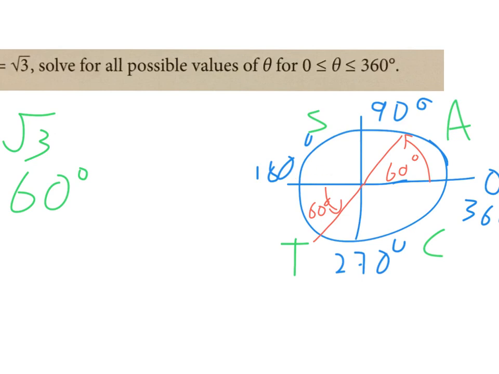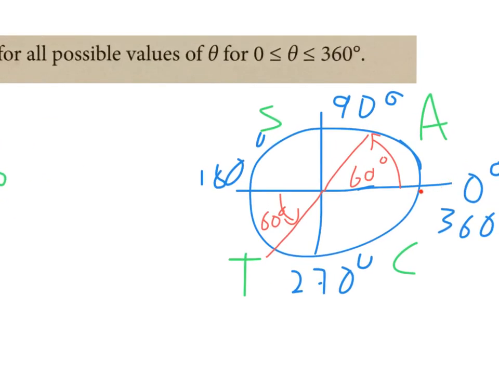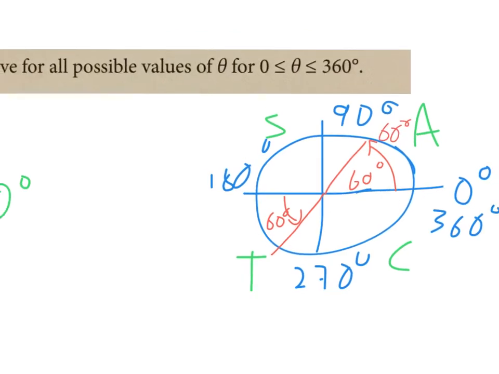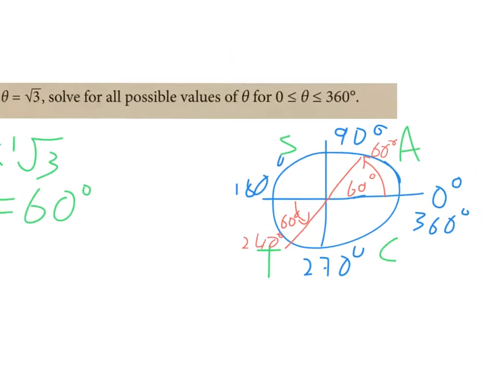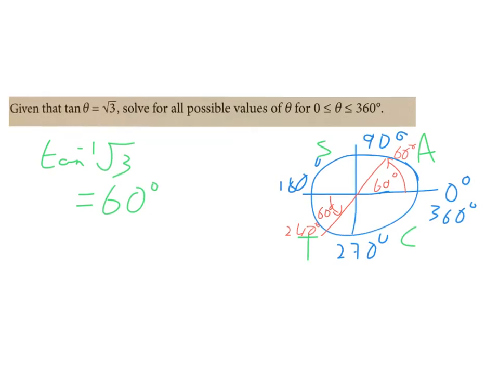So in our first quadrant, if we started at 0 and we add 60 degrees, that will bring us up to the 60 degree mark. In our third quadrant, if we start at 180 and add 60 degrees, that will bring us up to 240 degrees here. And they're the two possible answers. So just by using your calculator, you would get one of them.